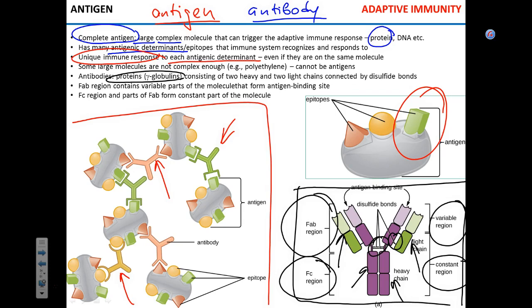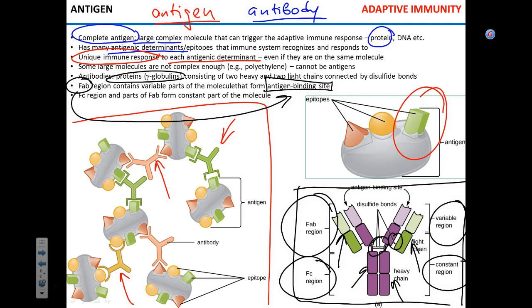Does that make sense? Now, the FAB region, AB, stands for antigen binding. So FAB is the fragment that binds antigen, the antigen binding fragment. Now, the FC region is constant.